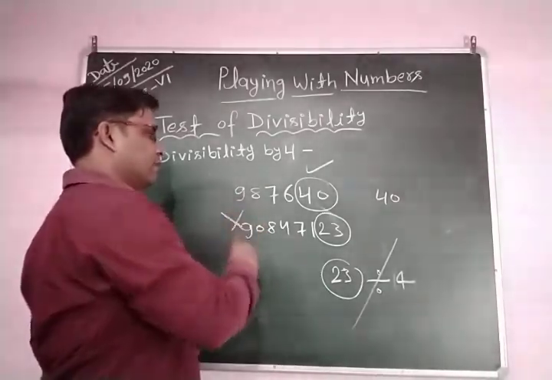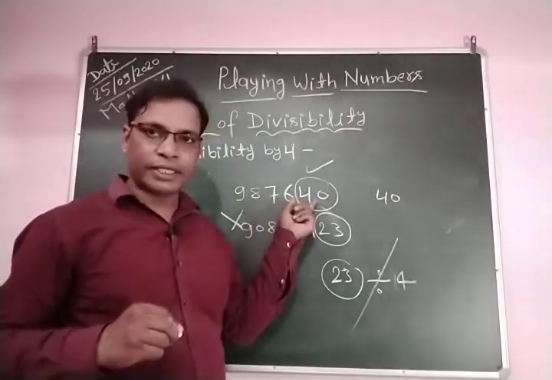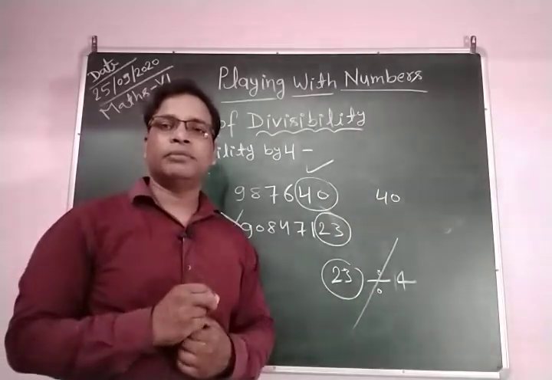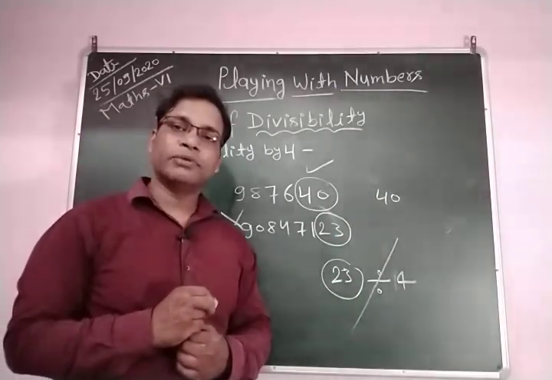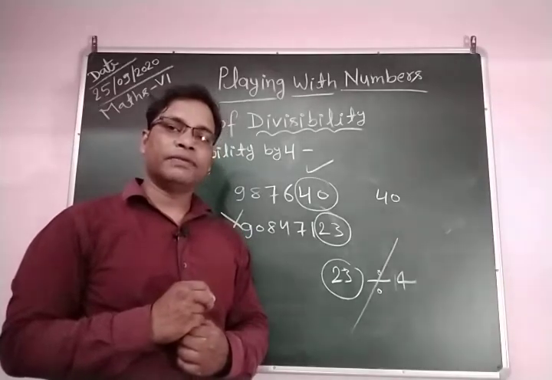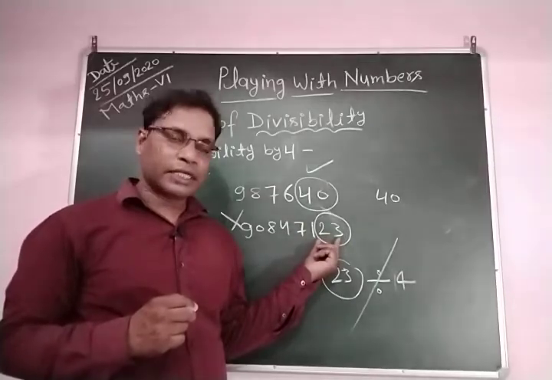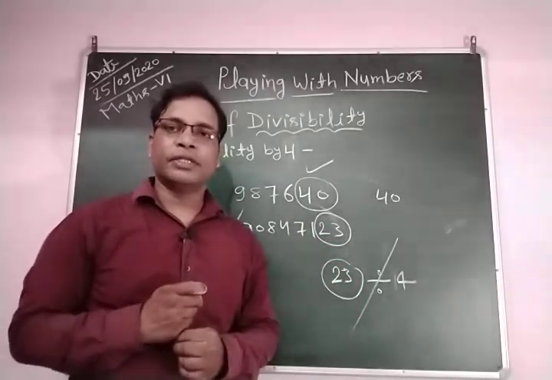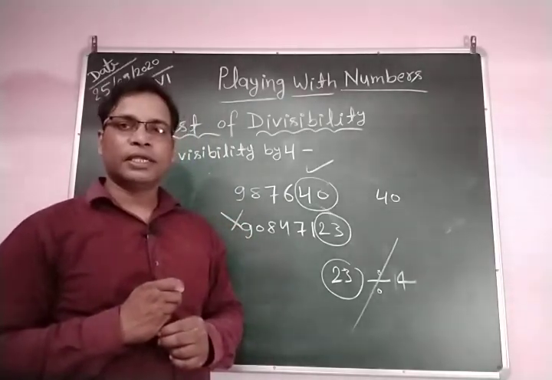But in the earlier number, the last two digits from the right-hand side are 40, and 40 is a multiple of 4, so that number is divisible by 4. But here the last two digits are 23, and 23 is not divisible by 4, so this number is not divisible by 4.